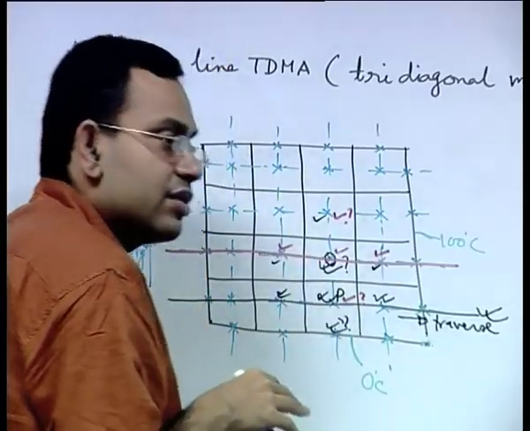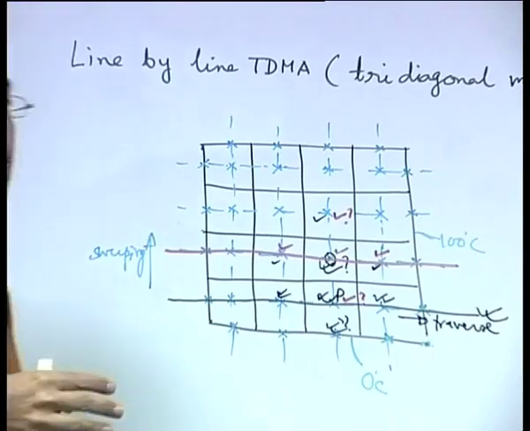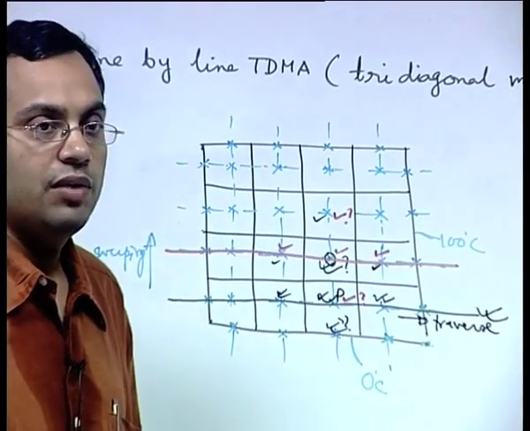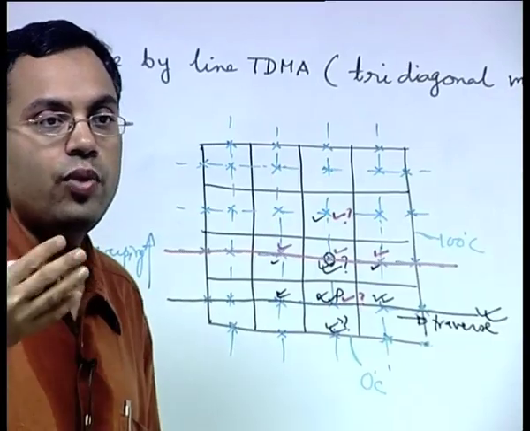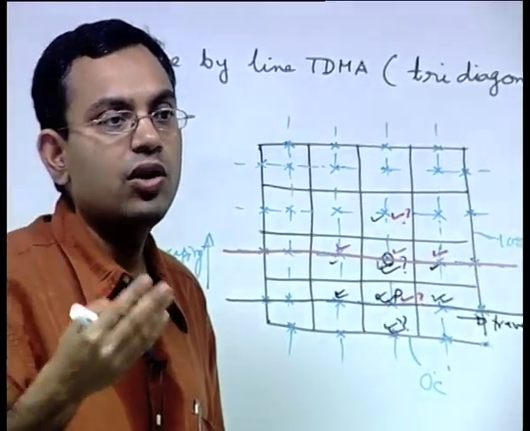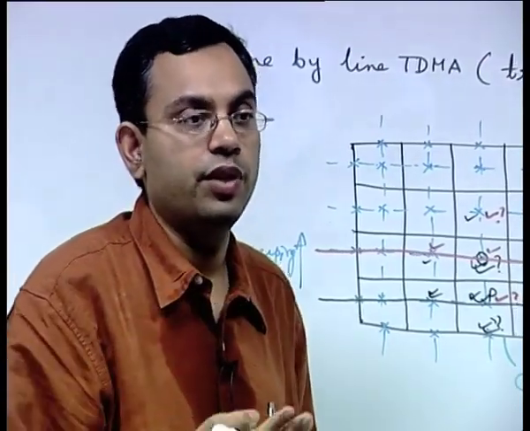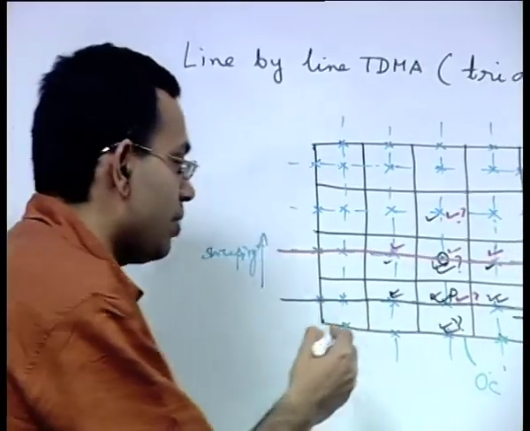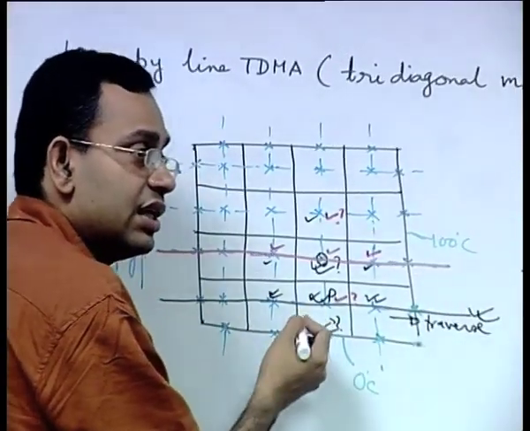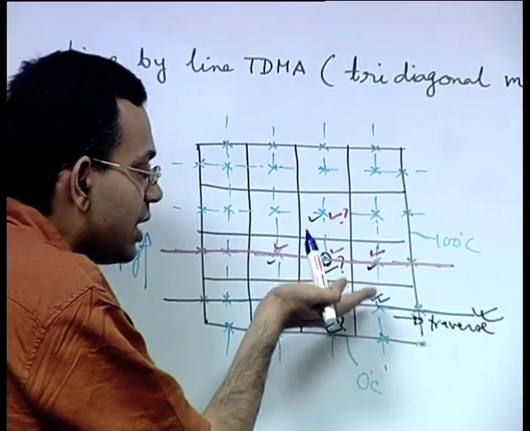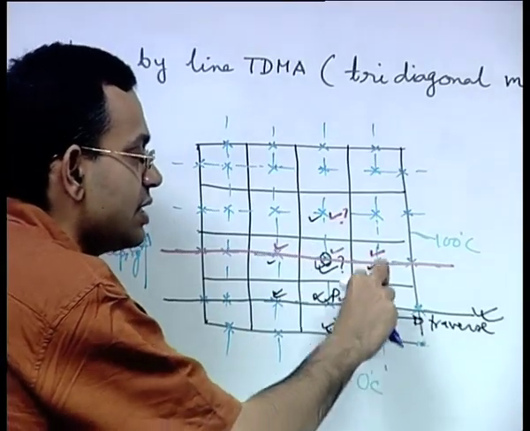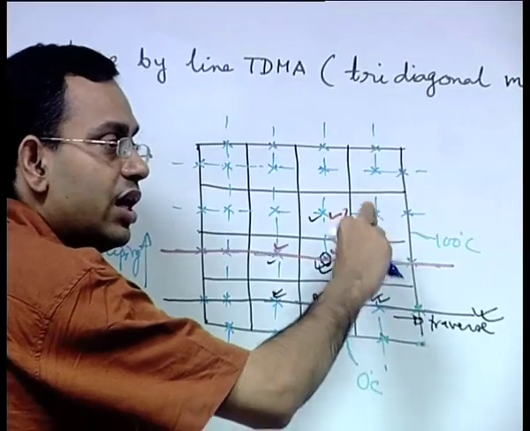Remember, what is the physical essence of solving a CFD problem? The physical essence is how quickly you can make your boundary conditions propagate in terms of their effect within the domain. So you have a boundary condition here, say 0 degree centigrade. In each step this effect is propagated by this distance into the domain.